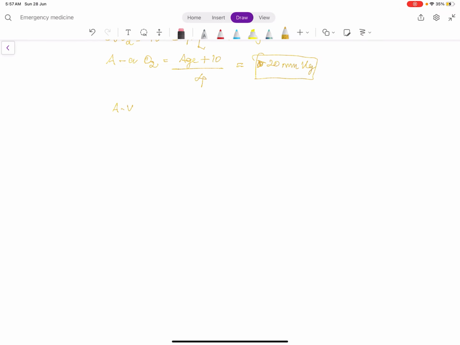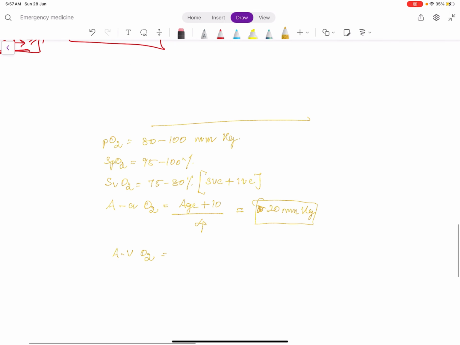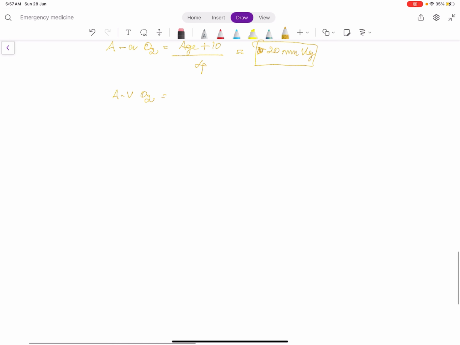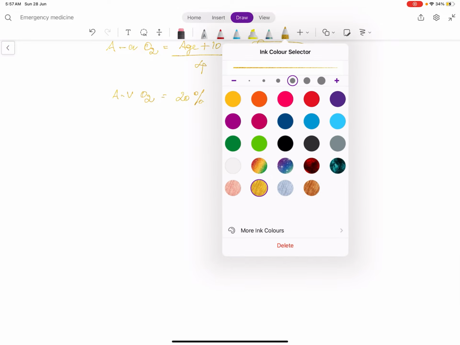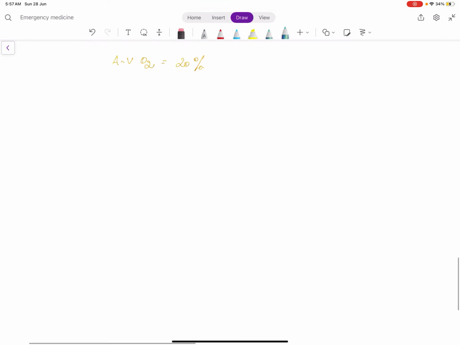Next is AV oxygen difference or arterial venous saturation difference. Again, it comes around 20%. So where does all this help clinically? To differentiate the 4 causes of hypoxia.